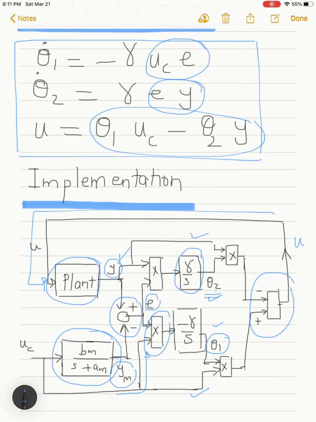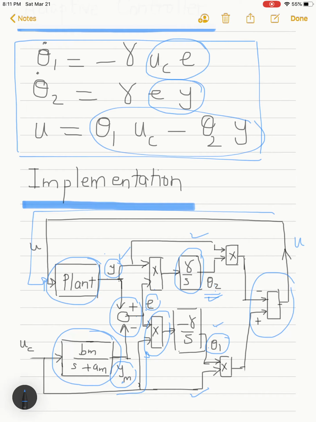So if you implement that in Simulink and look at the error signal, the control signal, and the values of theta 1 and theta 2, you would find that e will go to 0, y would follow the reference model, and theta 1 and theta 2 will remain bounded all the time.